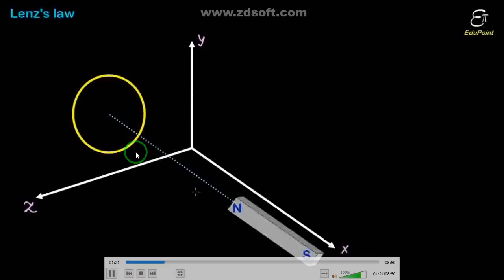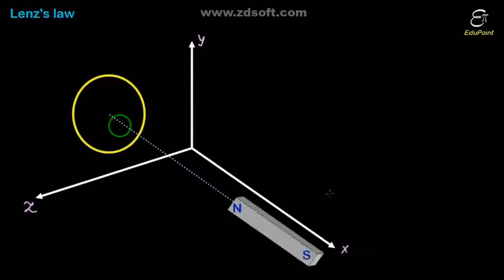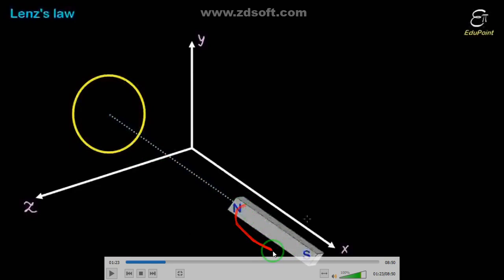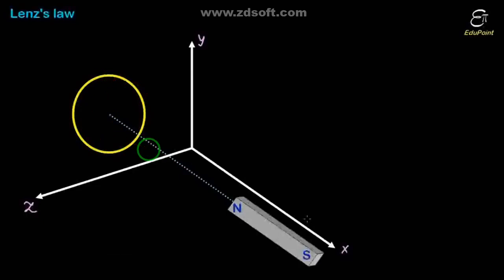Now if you keep this magnet constant, and the magnetic field lines are linked with this conductor, there is no change in the flux linkage, so the induced EMF will become zero.